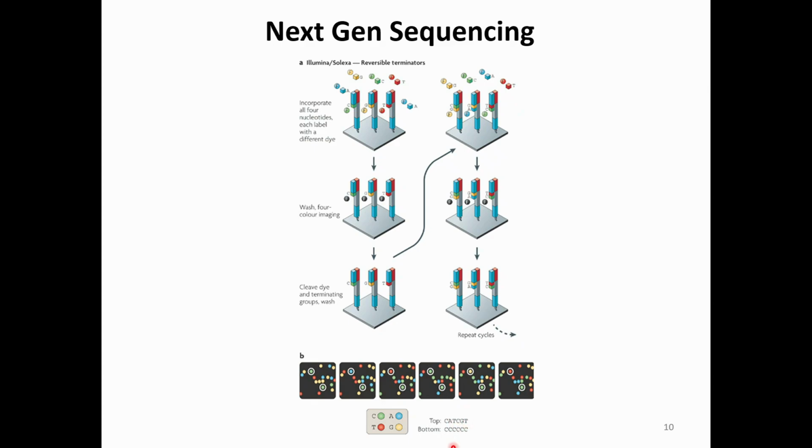But what you're actually doing is you're doing this in parallel for millions of DNA fragments all at the same time, okay? And so you can sequence the entire human genome, which contains 3 megabases of DNA, sequencing all these little fragments at the same time. And then you get a lot of data that you have to make sense of, but it's a very powerful parallel mass sequencing approach.